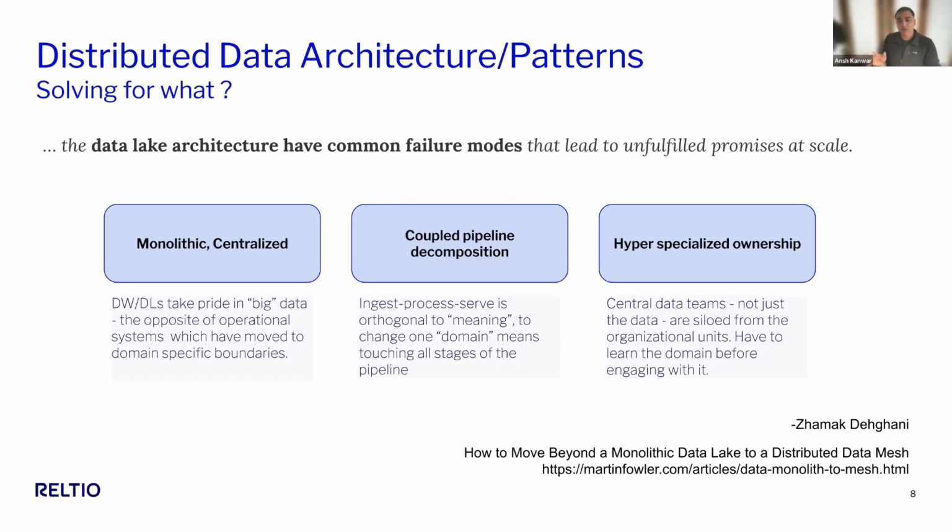The third source of these unfulfilled promises has to do with people, right? It has to do with how we then mapped teams, roughly speaking, to teams that were pre the data lake, big data teams that were hyper specialized in the mechanics of the data lake, and then teams that consumed outputs from the data lake.